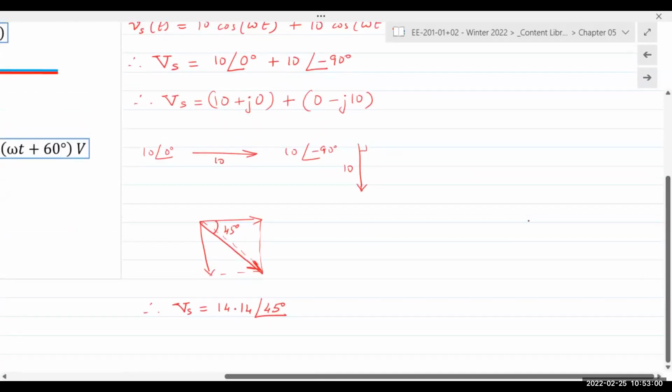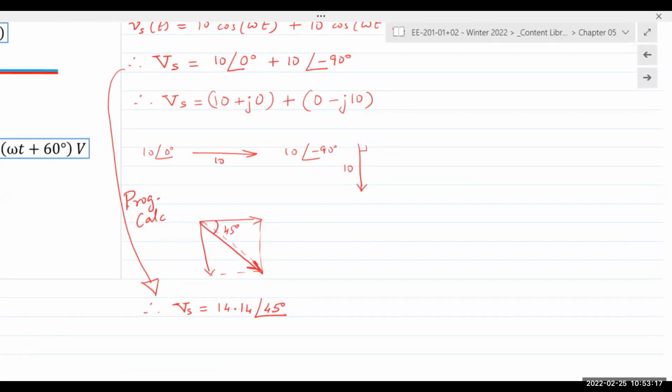If you have a programmable calculator, you should be able to go directly from here to here. You can try this and see if you get the exact same answer. Again, as engineers, you should be able to perform complex math on your own devices.